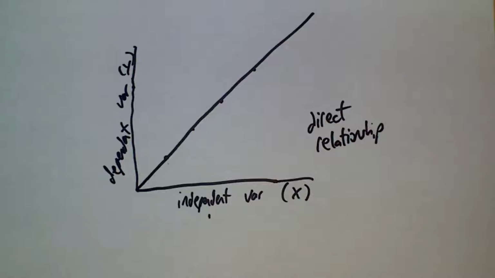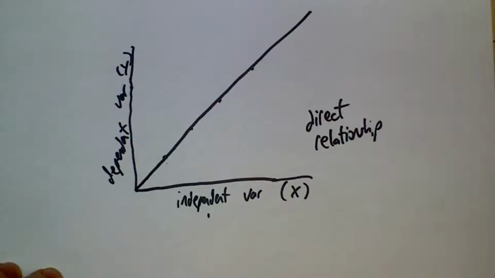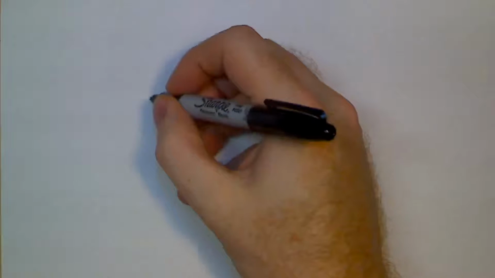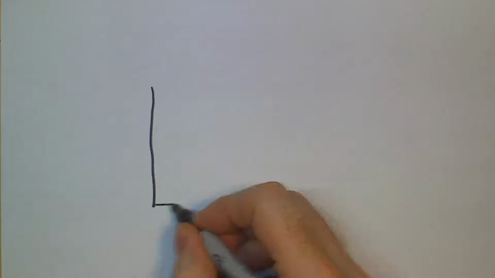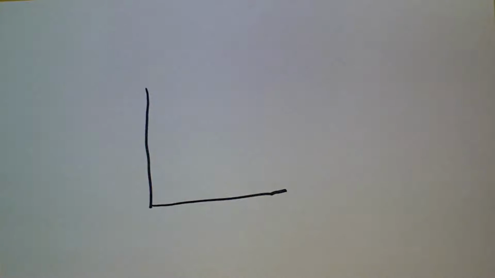All right, so there are other kinds of relationships you might see in science. Let's say you graph your data from a different question. Again, y-axis, dependent variable, it's what you measure. X-axis, independent variable, it's what we manipulate. And let's say, in this case, your data ends up looking like this.